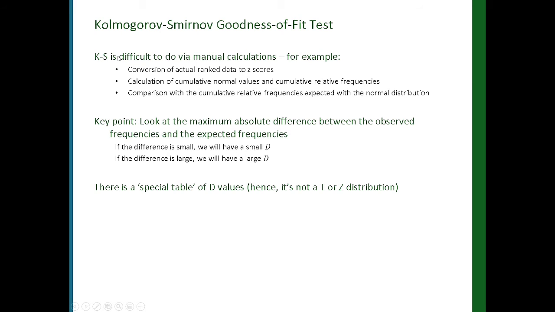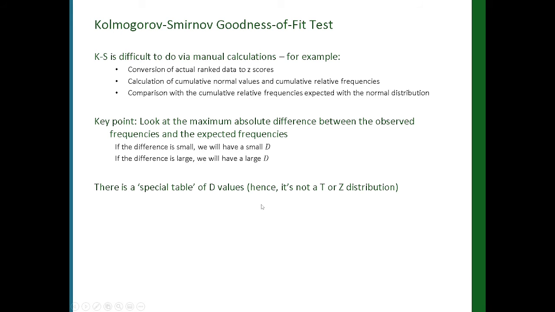So KS, the Kolmogorov-Smirnov test, is difficult to do via manual calculations. You need to convert the actual rank data to z-scores, calculate the cumulative normal values and cumulative relative frequencies, and then compare the cumulative relative frequencies against the normal distribution.